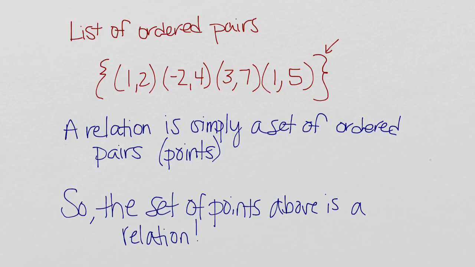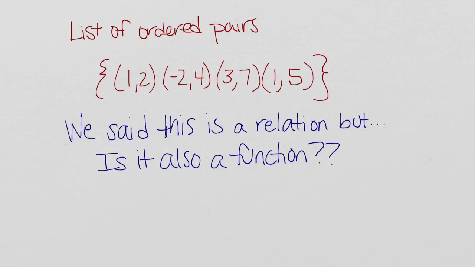So a relation, this is your definition for relation: a relation is simply a set of ordered pairs. Pretty simple. Any set of points is a relation. So the set of points above is a relation. As long as they give you points, you can call them a relation, but we have to determine if they are functions. Alright, so is this a function?